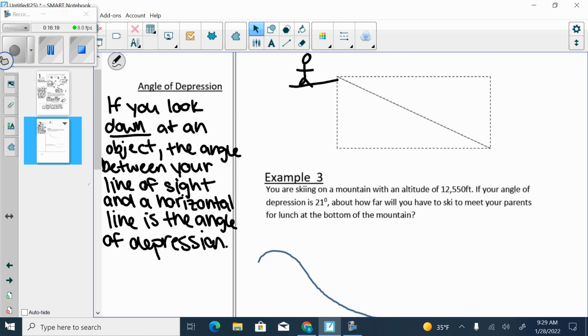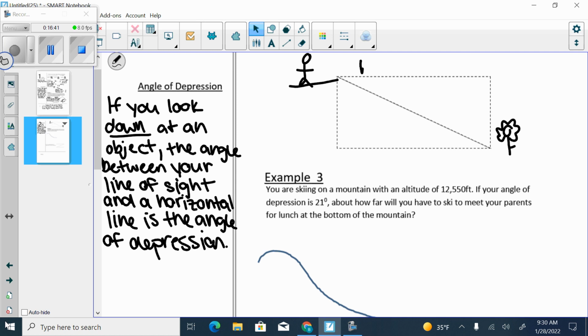You are looking down at some object down here, okay? We'll go with a flower. Maybe I can draw that. Okay. So you are looking down at this object on the ground, and this is your horizontal line, right?